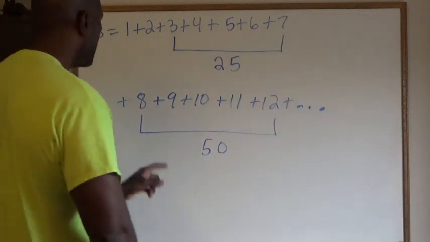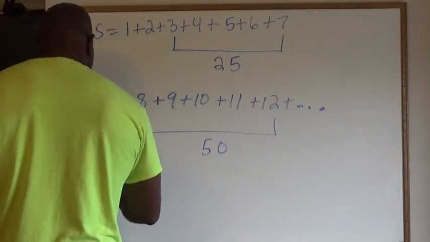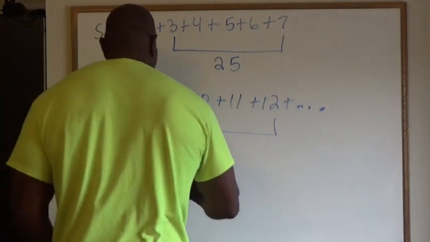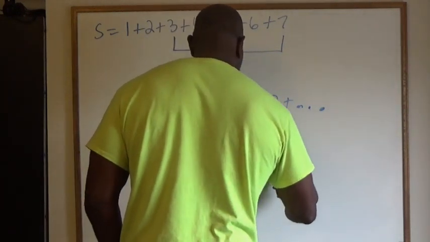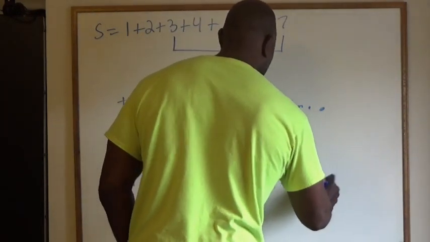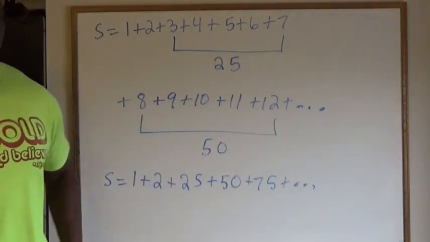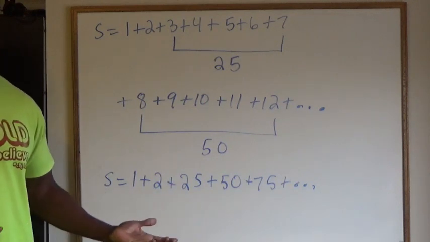So what we have, and again, I didn't use these first 2 numbers, is we have that S is 1 plus 2 plus 25 plus 50 plus 75, etc. Now again, you should notice the numbers after 2 are all divisible by 25.